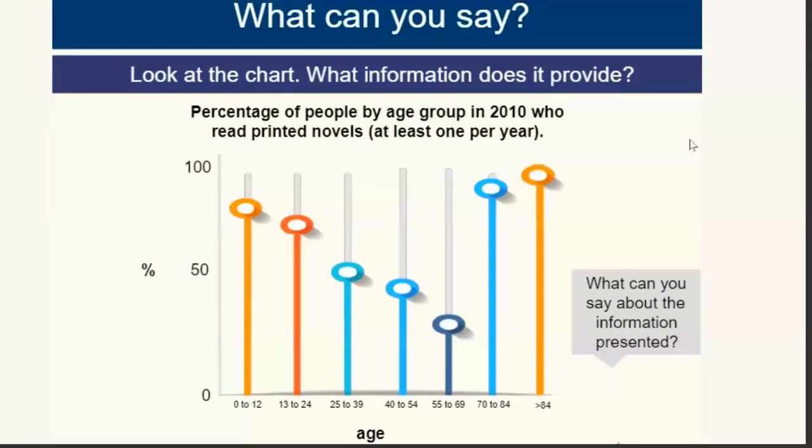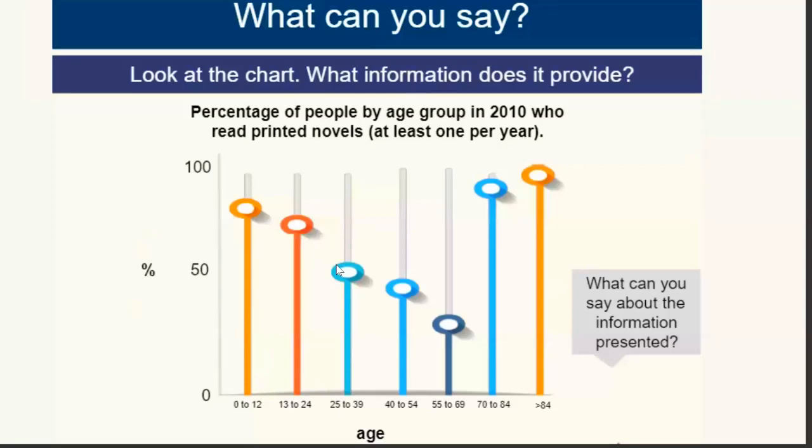There are four main types of graphs: the bar chart, the line graph, the pie chart, and the diagram. Okay. The bar graph, as you can see right here, is used to show relationships between different data series that are somehow independent from each other.